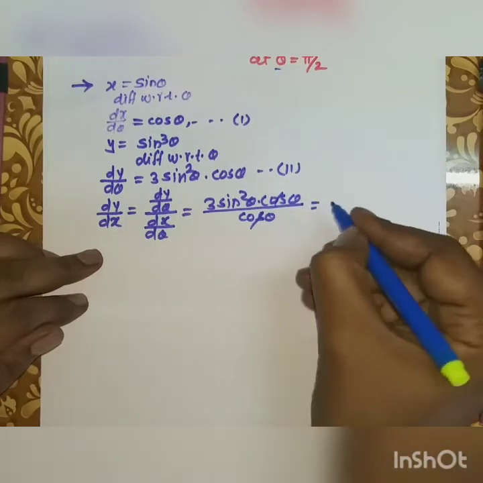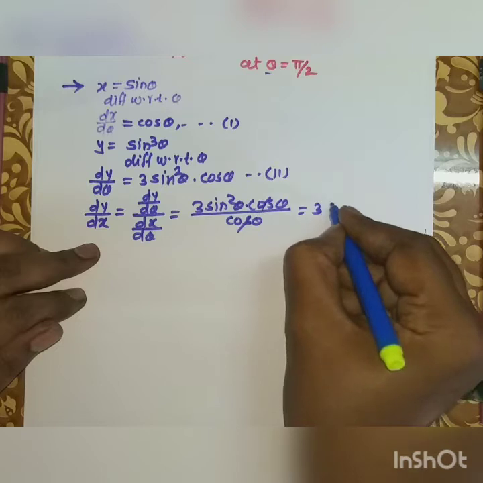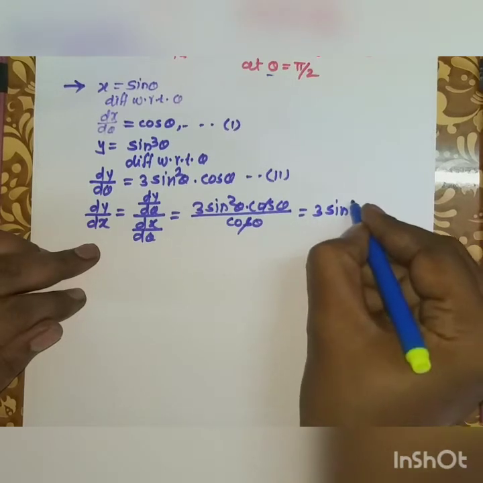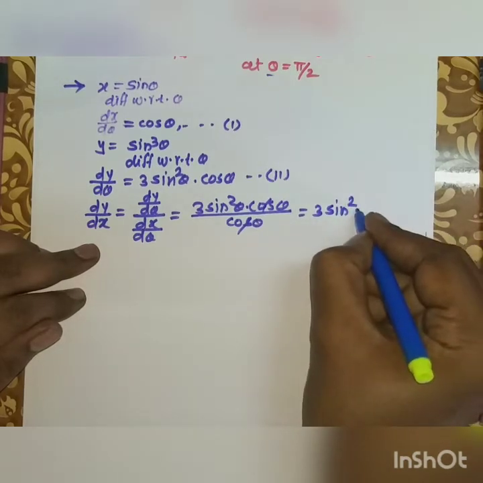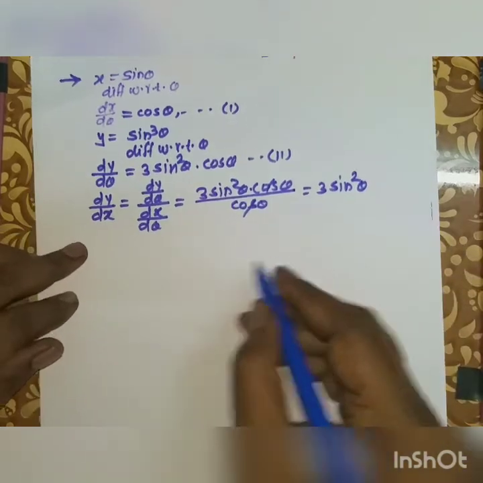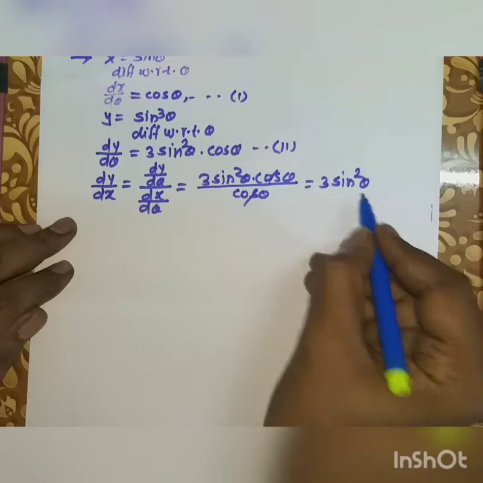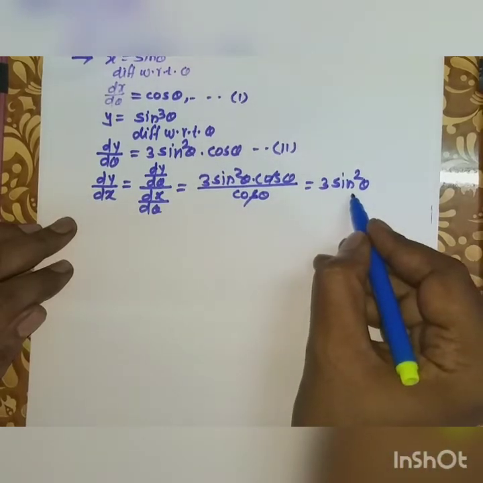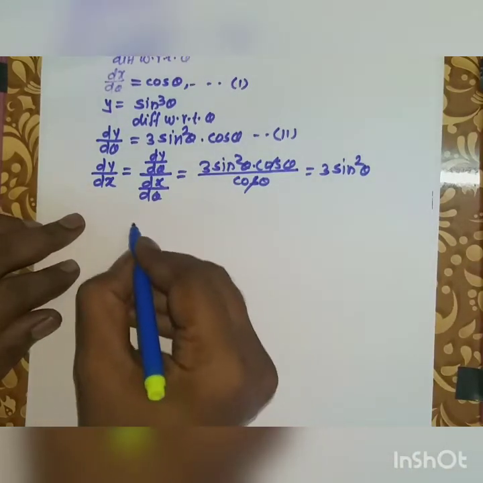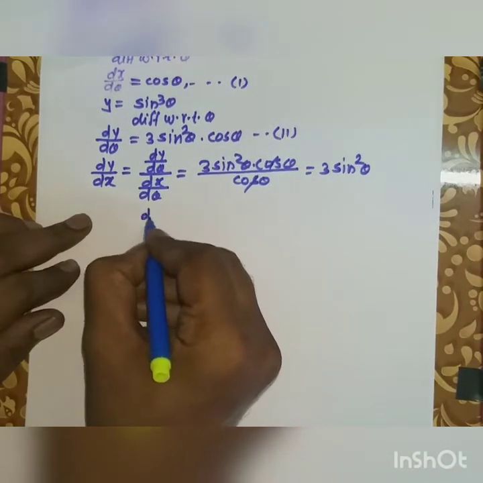Cos theta cancels, is equal to 3 sin square theta. Now we have the first order derivative, dy by dx is equal to 3 sin square theta. Sin square theta is a trigonometric function which is also differentiable. That means we take its differentiation again.